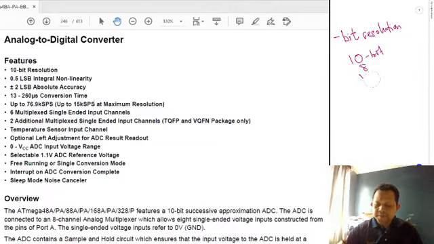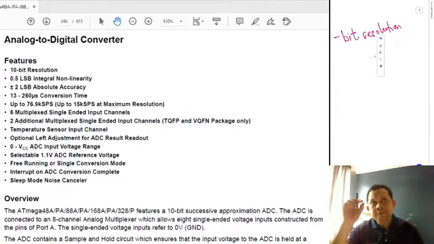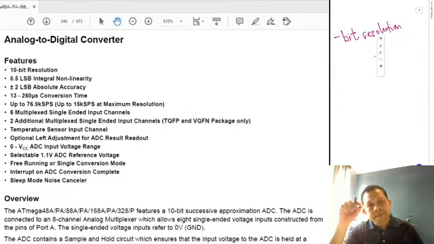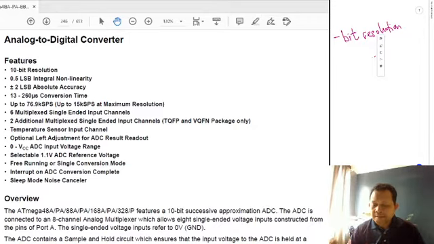This bit resolution simply means how detailed, how small a voltage your ADC can detect and convert to a digital value. For example, let's try to draw this.